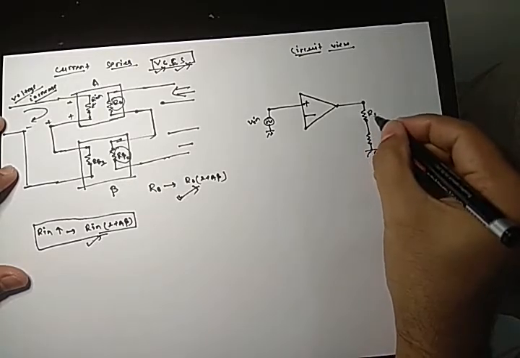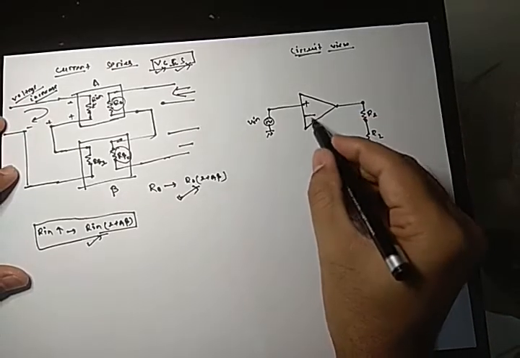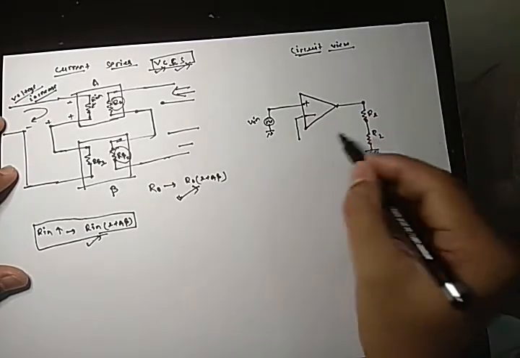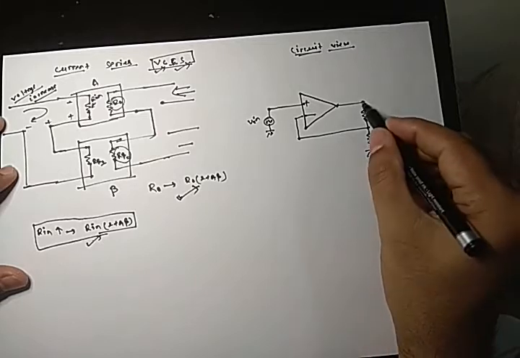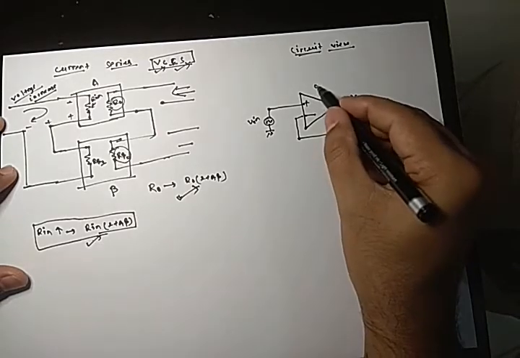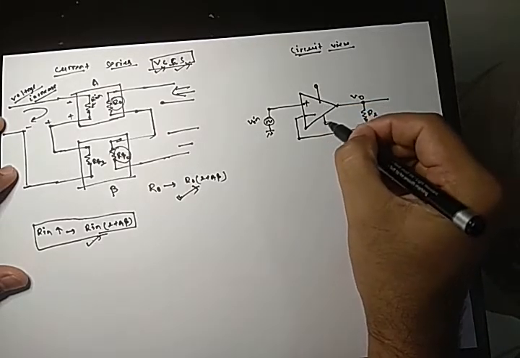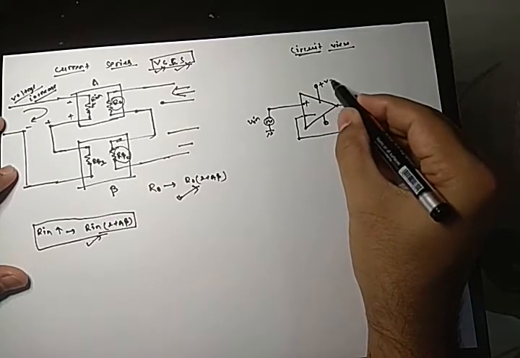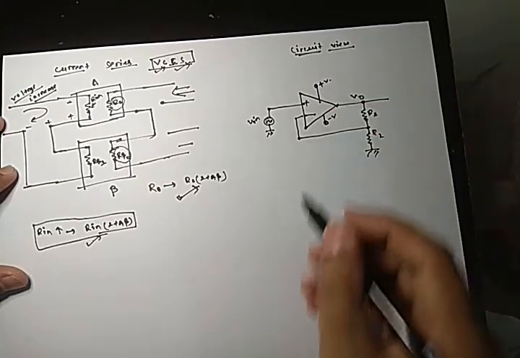This is R1, this is R2, this is the negative terminal, and we are connecting here. This is your V0, this is nothing but plus V minus V.